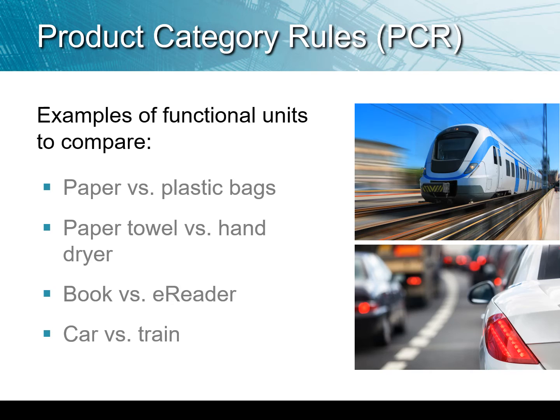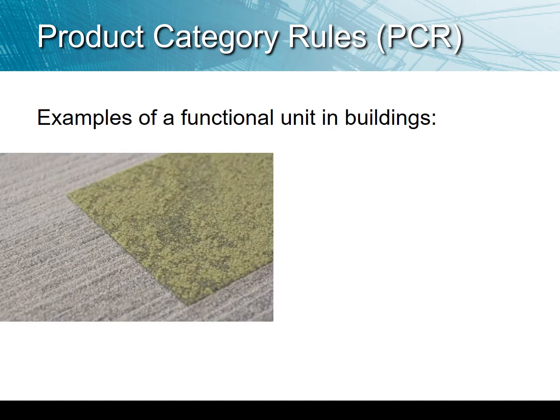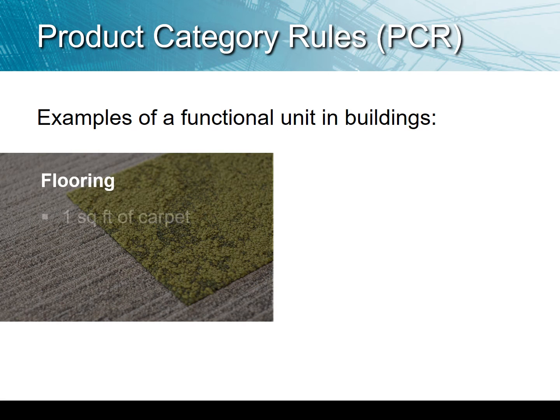In the case of buildings, the functional units we look at would be something more in line with these. For products, let's say we were comparing flooring options. So one functional unit could be 1 square foot of carpet that lasts for 10 years, so it has a 10-year lifetime, and we're looking at that from cradle to gate.